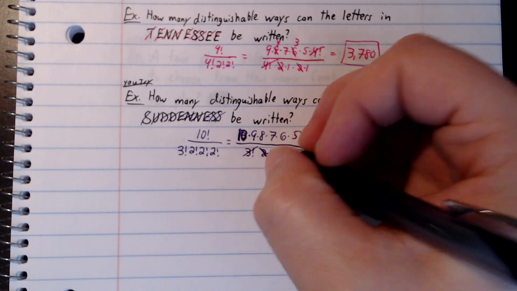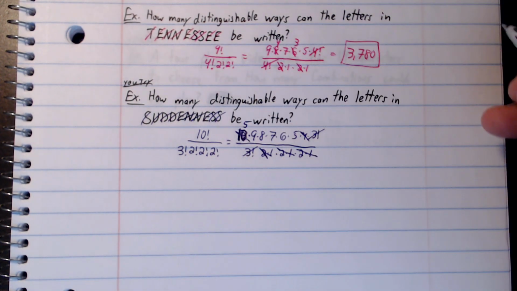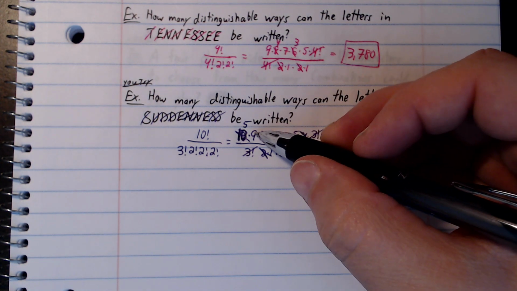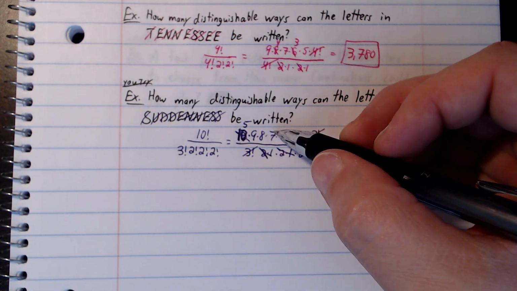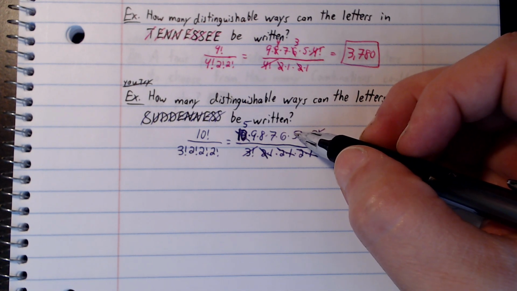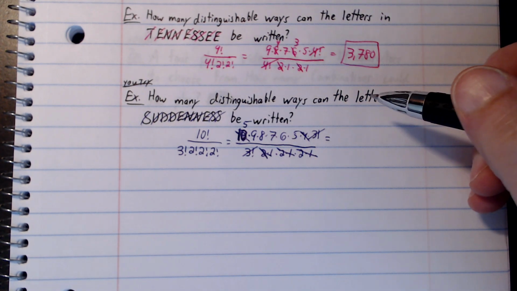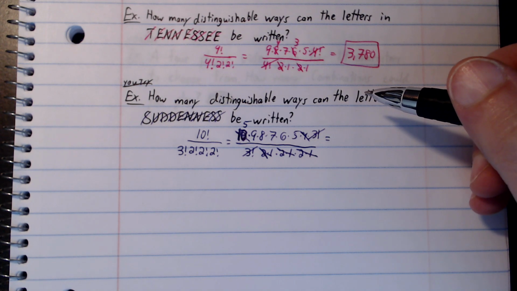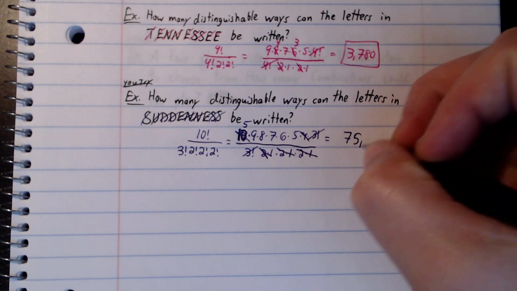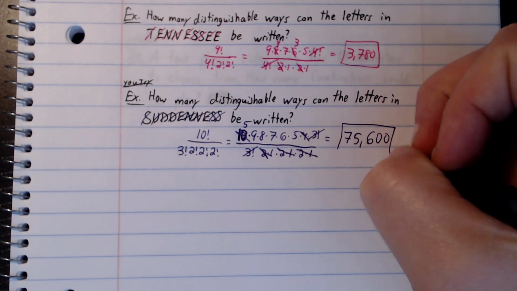We'll do 2 goes into 10 5 times. So here's what we're going to multiply. 5 times 9 times 8 times 7 times 6 times 5 again. Right? 5, 9, 8, 7, 6, 5. Total 75,600.